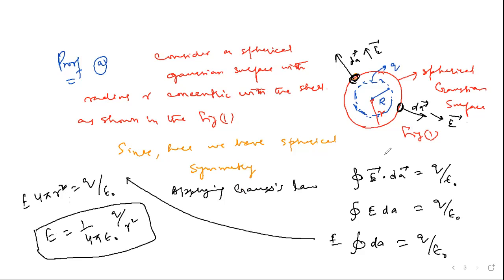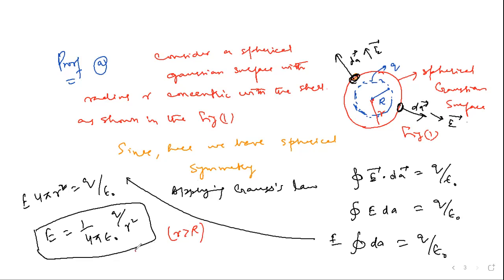I have proved that the electric field outside is the same as the electric field due to a point charge located at the center of the shell having charge equal to the total charge of the distribution. But this is valid only when r is greater than R. That means when I'm outside the shell.